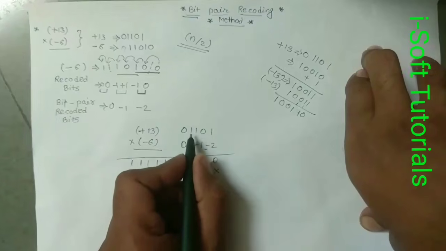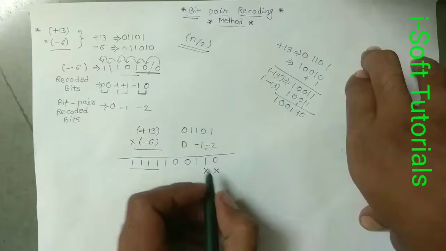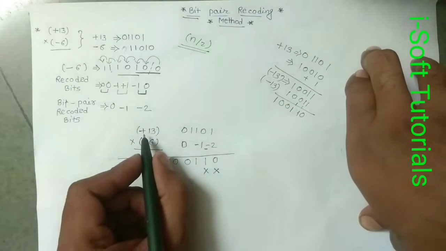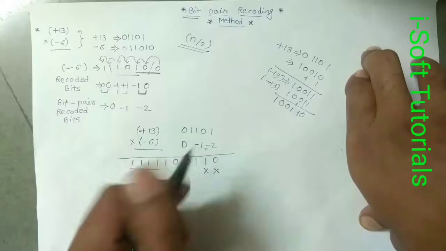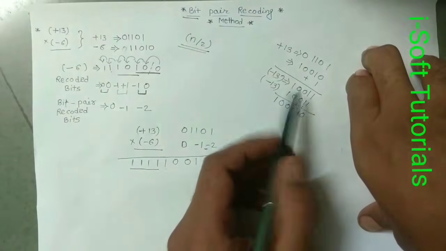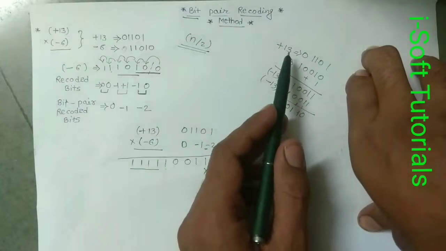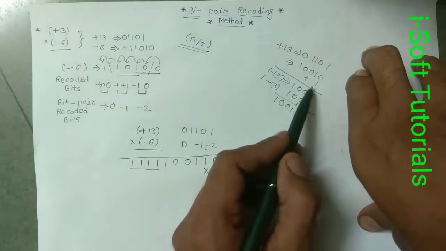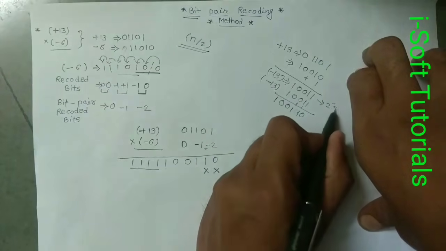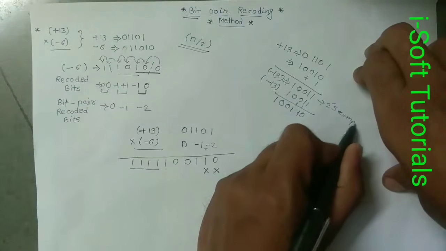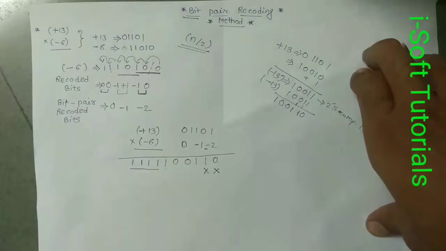So minus 1 into plus 13 equals minus 13. By our rule we will generate minus 13 from plus 13 as 1's complement plus 1, and we will write this 2's complement of 13 in the product.